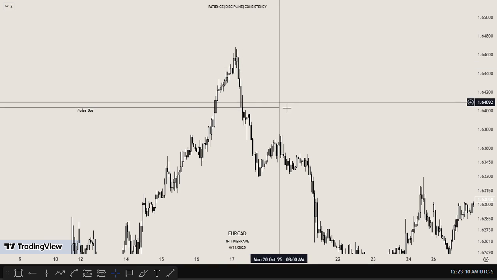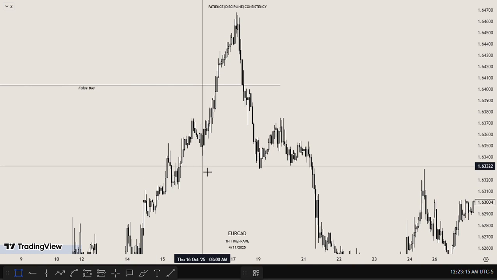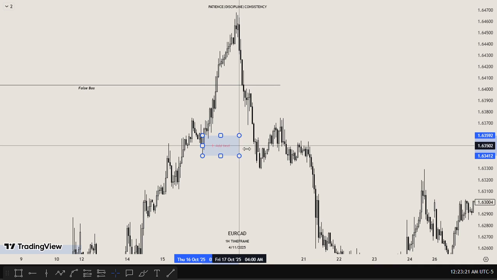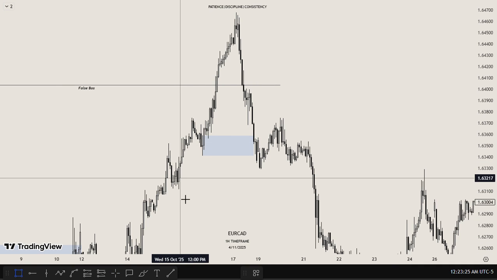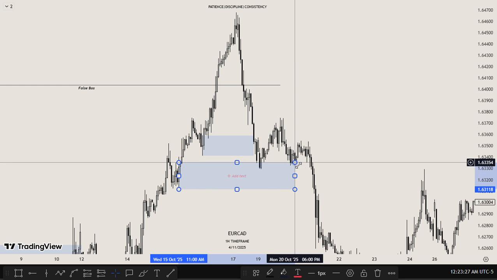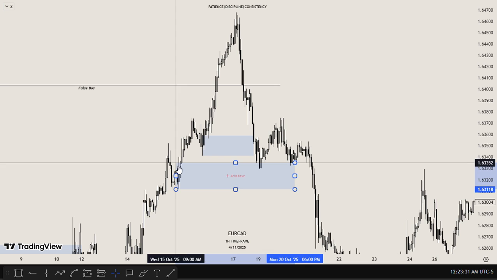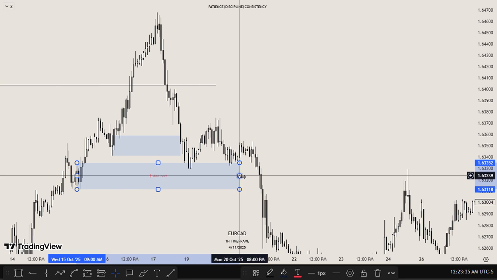So this induces bias, and we know that lows are going to be traps. So this low, we have some trading inside there, and you also have this low, and also this low over here.